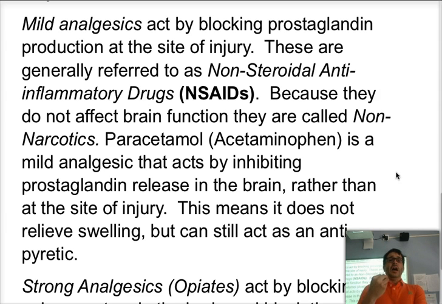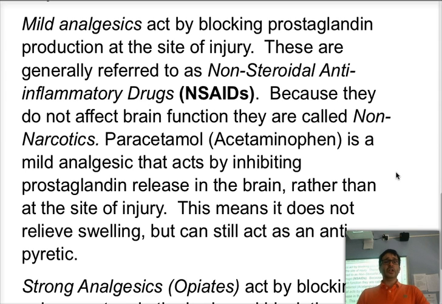All right. Mild analgesics are known normally as non-steroidal anti-inflammatory drugs, or NSAIDs, and they tend to be excellent at stopping mild pain. Being anti-inflammatory, they reduce the inflammation because they stop the inflammatory response, and they're also antipyretic, i.e. they reduce fever.